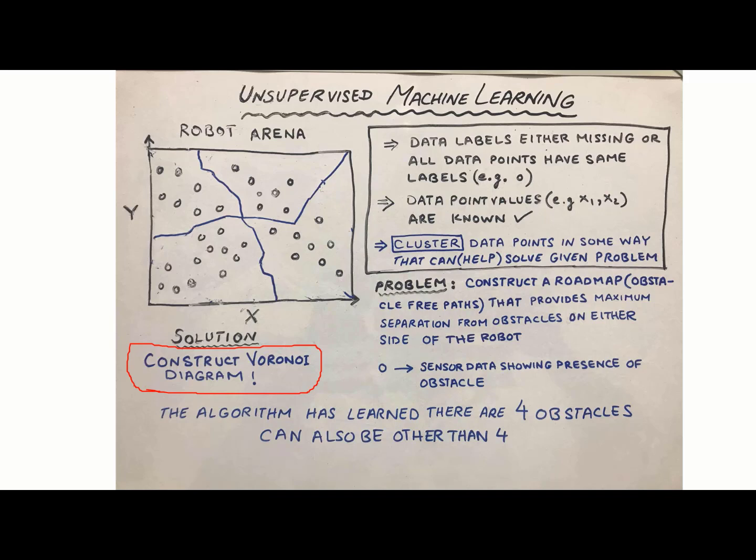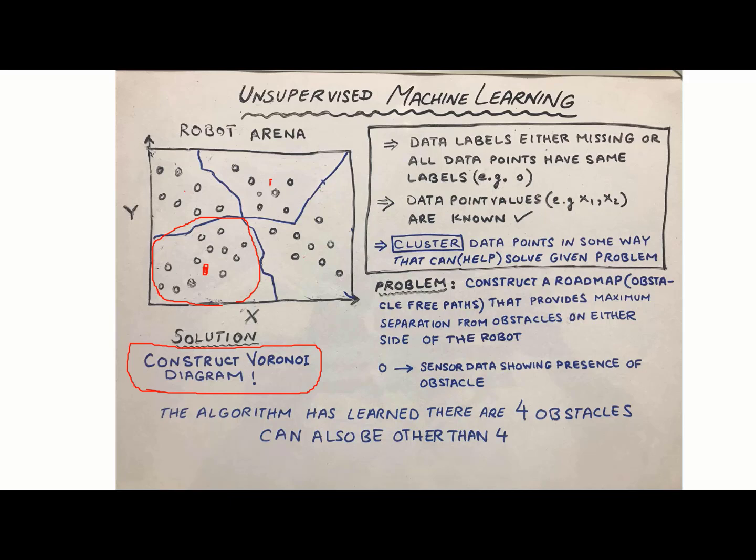And for those who are not familiar with how to construct a Voronoi diagram, it is a partitioning algorithm where you partition your given data points into a given number of classes or partitions such that all the data points within any partition are closer to the centroid of that particular partition than to the centroid of any other partition.